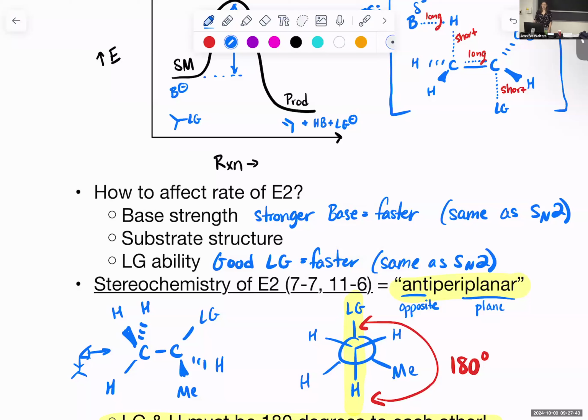The point that is different is going to be our substrate structure. So for SN2, it was primary faster than secondary, which was faster than tertiary. For our E2, we're going to see the opposite trend, where tertiary is going to be faster than secondary, which is faster than primary.